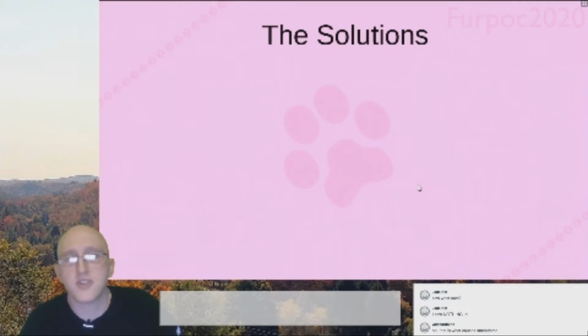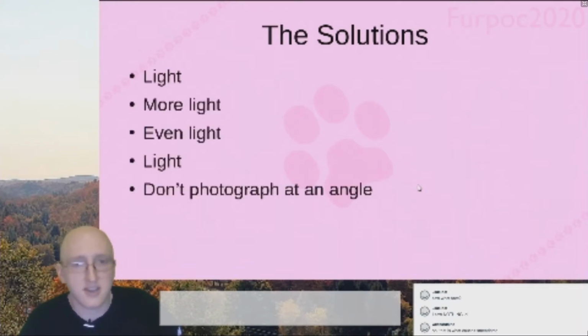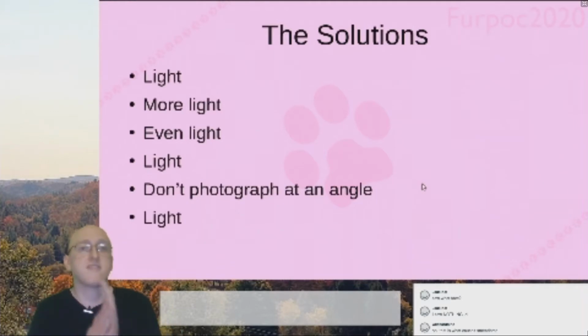So the solutions to all of those basically come down to light, more light, even light, and don't photograph at an angle. Light is really going to be the main thing that lets you take a quality photograph of your artwork, especially for Telegram stickers.